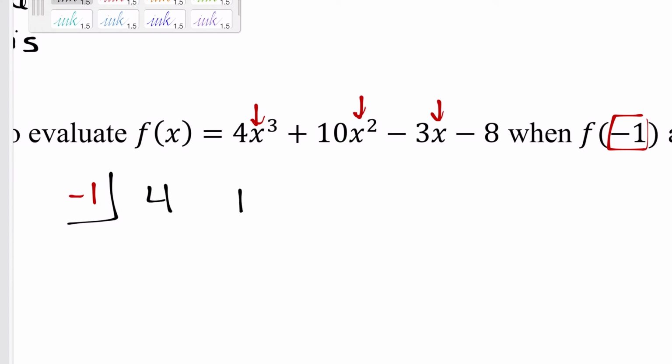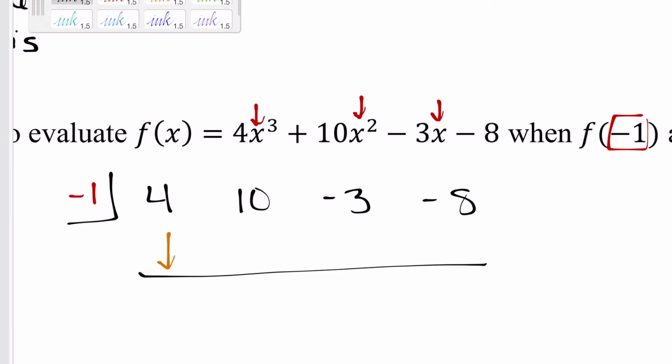So I have 4, 10, -3, -8. I'm not missing any terms, so I'm going to drop it like it's hot. Multiplying with -1, we'd get -4. Adding that together, we would get 6. 6 times that -1 in the box would give me -6. This would give me -9.